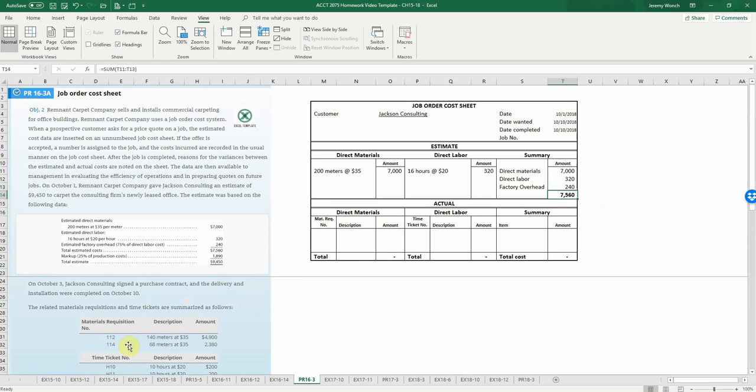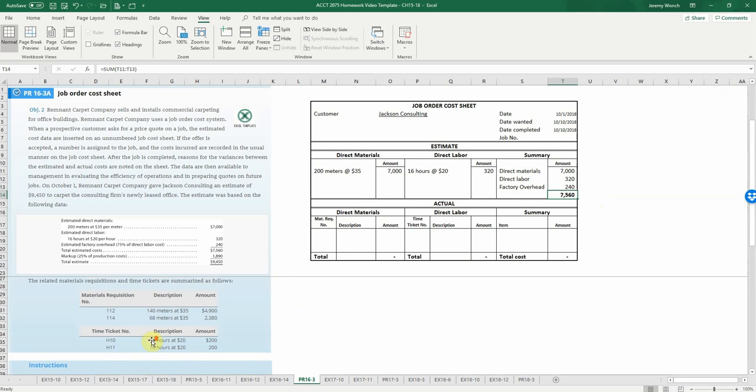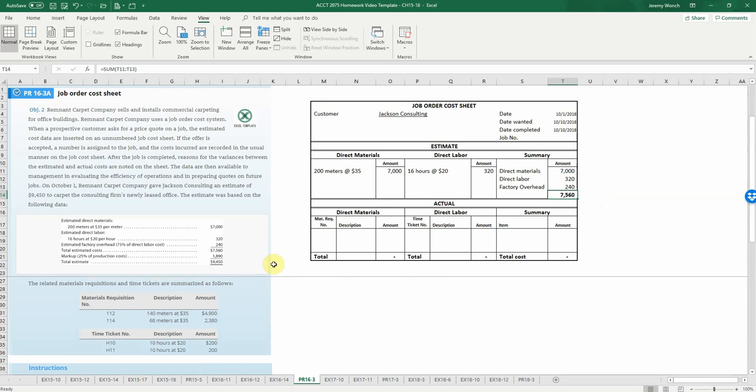Then down here it tells us what the actual direct materials and direct labor costs are. For our direct materials, they had two requisitions, numbers 112 and 114, for 140 meters at $35, and then 68 meters again at $35.